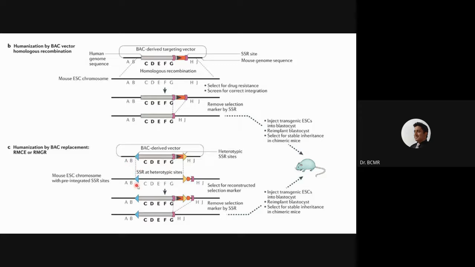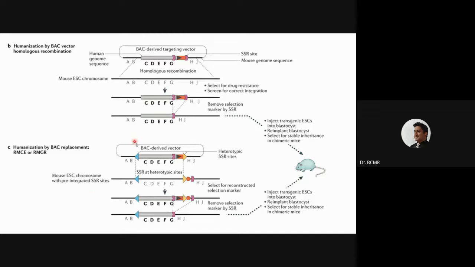We should first have engineered site-specific recombination sites into the mouse chromosomes like this. This is a prior step of how you would have constructed this mouse embryonic stem cell chromosome with pre-integrated site-specific recombination sites.